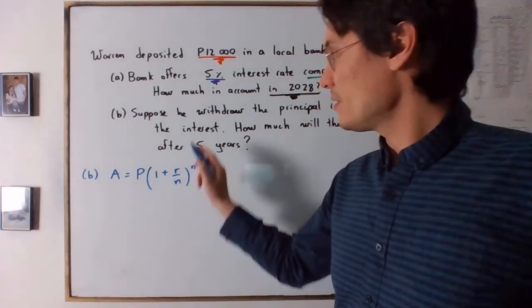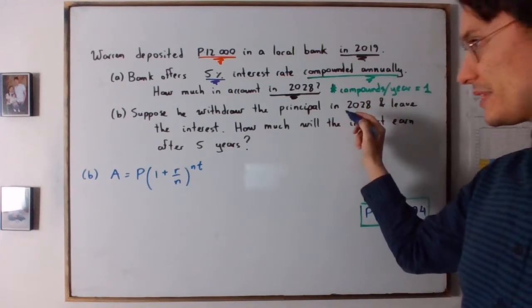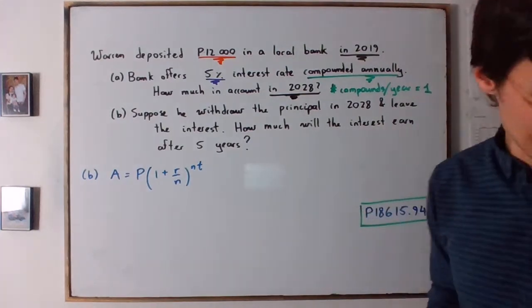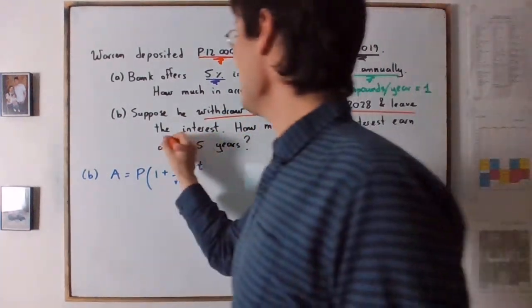Okay. Suppose he withdraws the principal in 2028, and leaves the interest. So what does this mean? Withdraws the principal and leaves the interest.